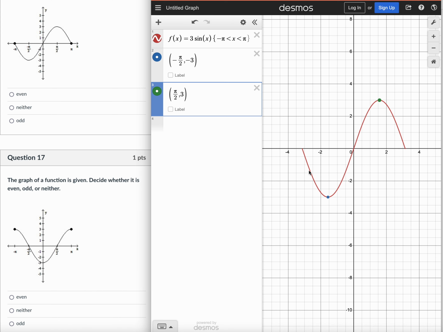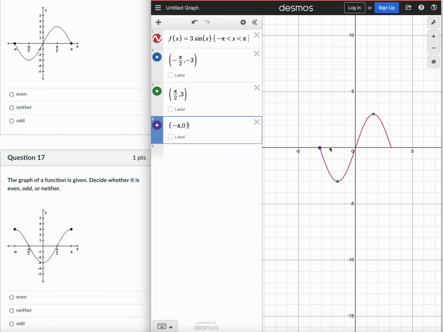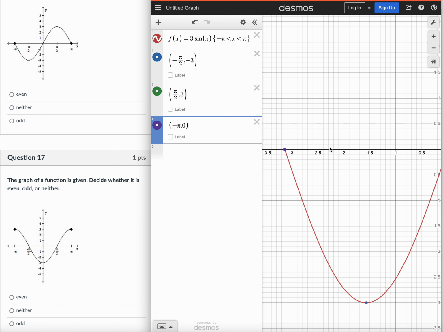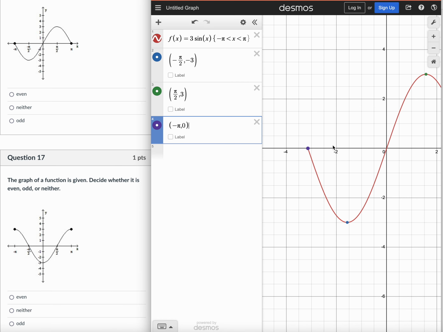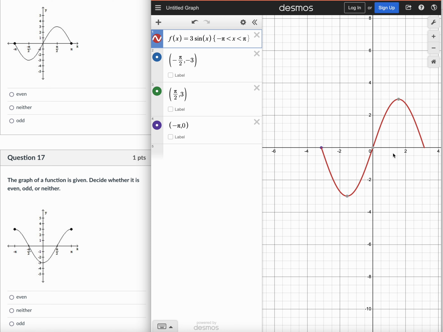Similarly for this point, what's the value for this point? You have a negative pi, 0. That's this point. Then what is the point of this one?